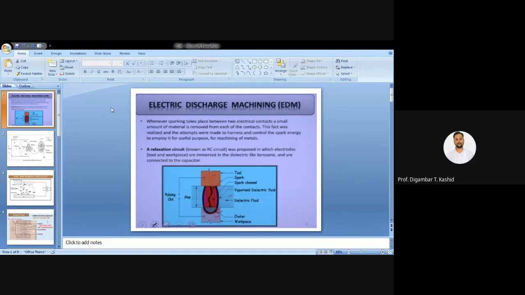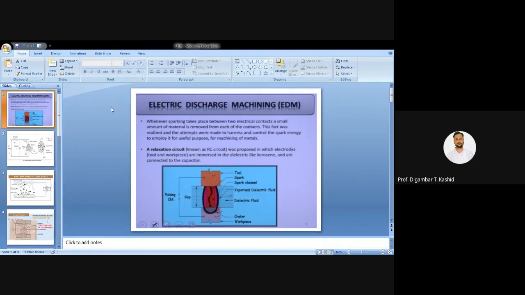In general we know that some short circuit happens between the switches and a spark occurs.